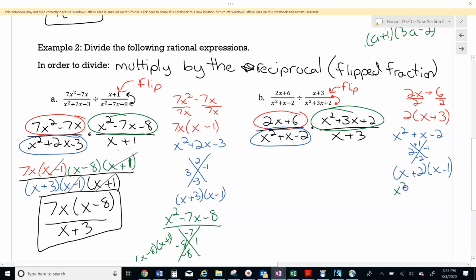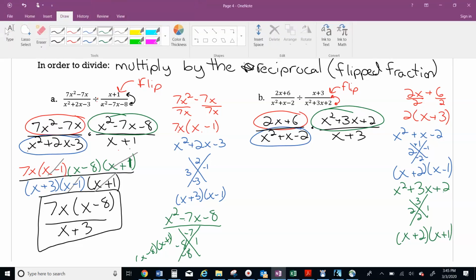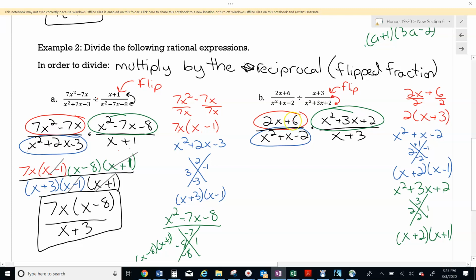I have x squared plus 3x plus 2. Factor, I'm going to add to 3, multiply to 2. That's positive 2 and positive 1. X plus 2, x plus 1. Whew. Writing my numerators, we have the red and the green, so I have 2 and x plus 3.